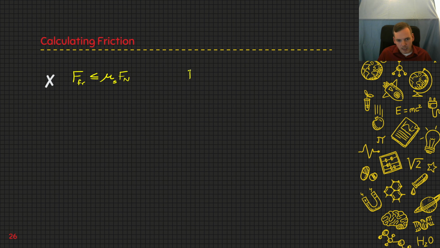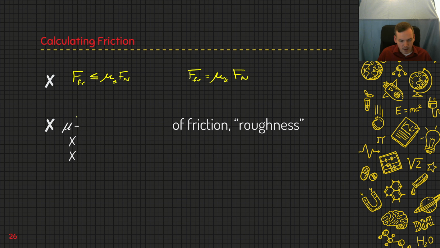And the second is force of friction is equal to mu k times Fn. This, excuse me, is the Greek letter mu, and it's the coefficient of friction. This basically is a rough way of describing how rough the two surfaces are.